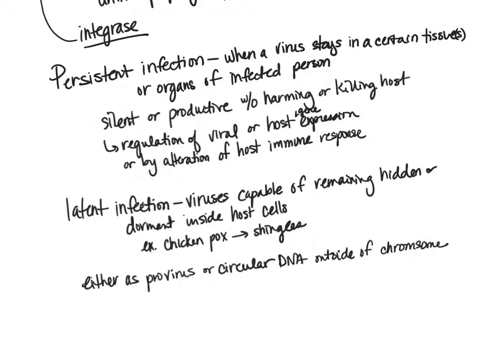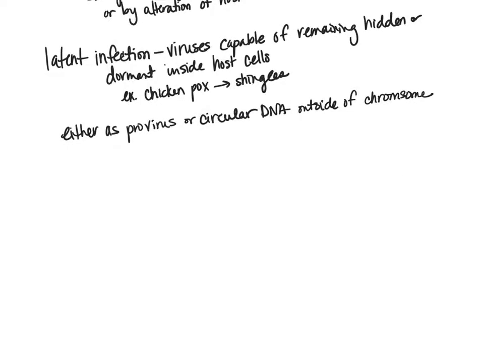You've been infected with chickenpox, the chickenpox has gone dormant inside of the body, and it hangs out there, not really doing anything, until your defenses are down, which means that your body is no longer able to fight off maybe the little bit that was in there. It takes over, and it actually causes a reaction in the body. When it causes a reaction in the body, we call that shingles in this example. So that's a latent infection.